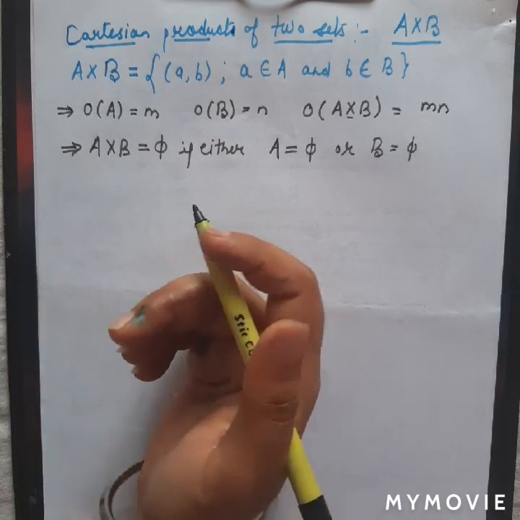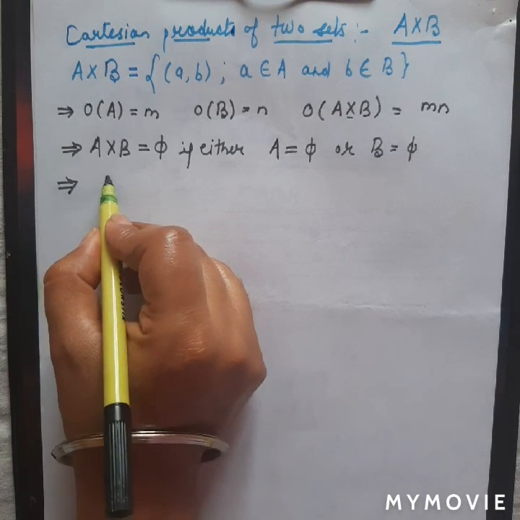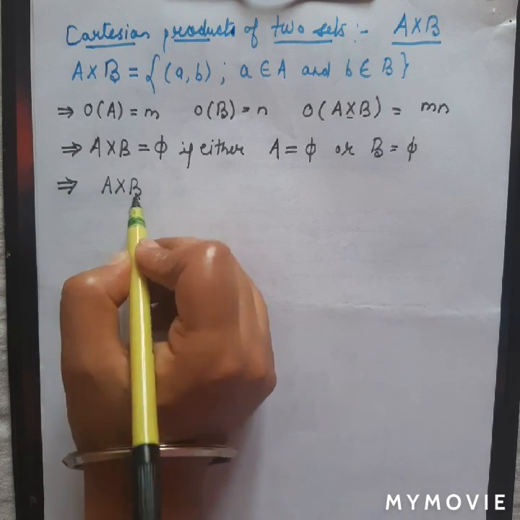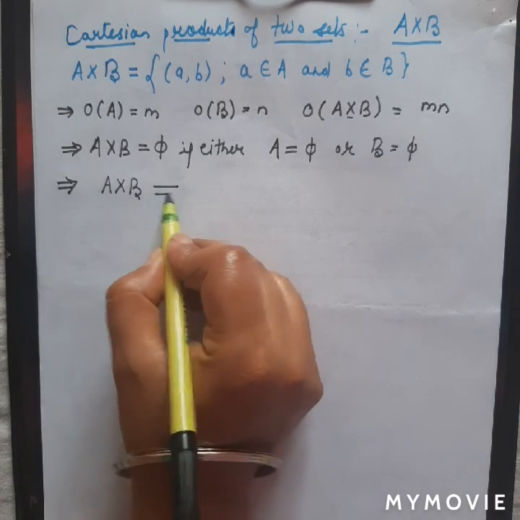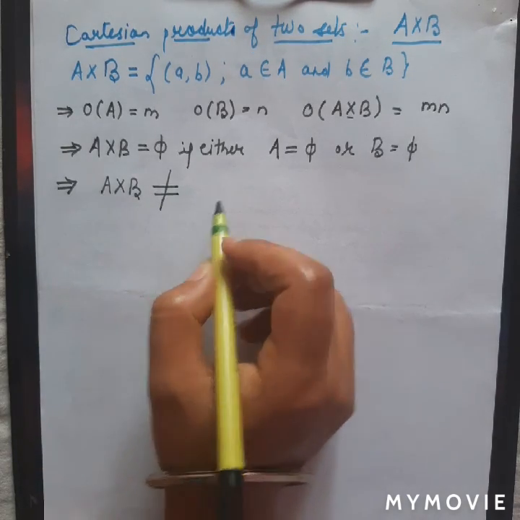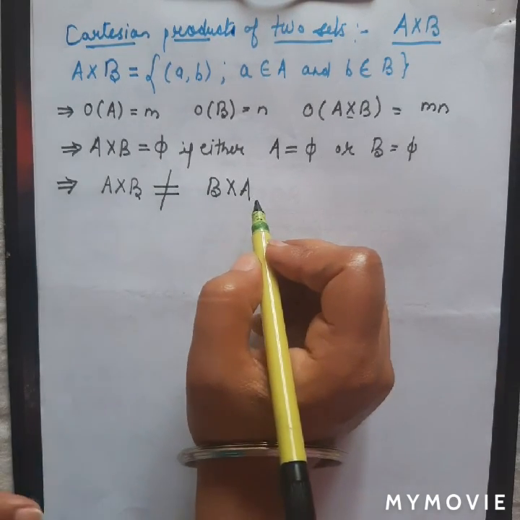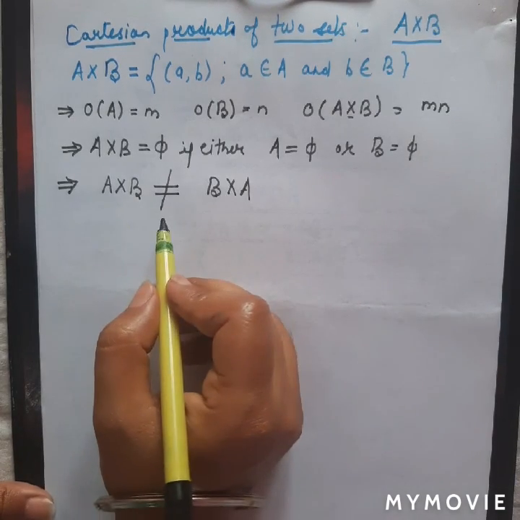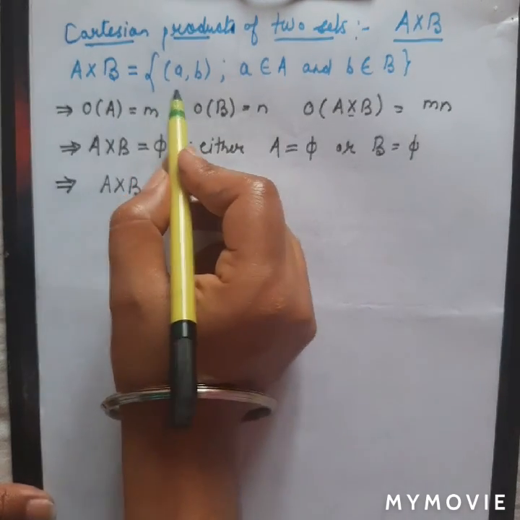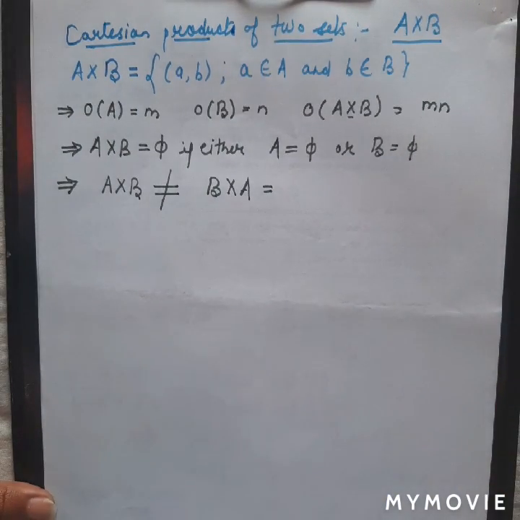And one more thing I would like to tell you, that the Cartesian product A cross B will not be equal to B cross A. There are many students who make the mistake of saying that A cross B is equal to B cross A. No, A cross B will be written in such form and B cross A will be written in this form.